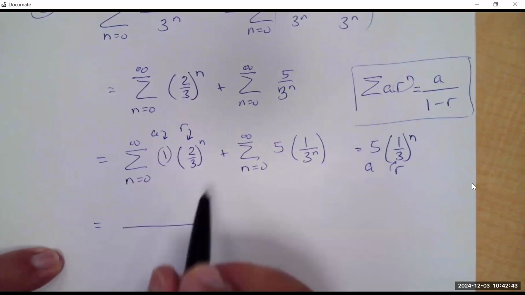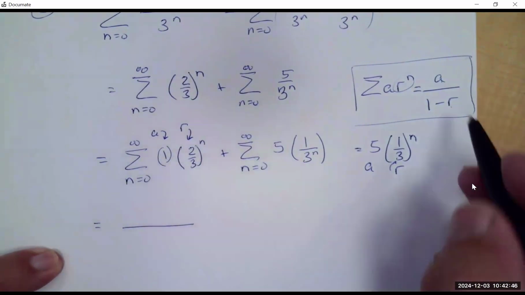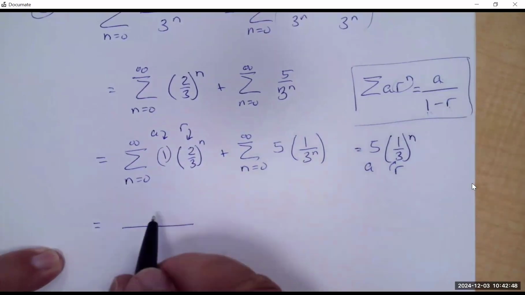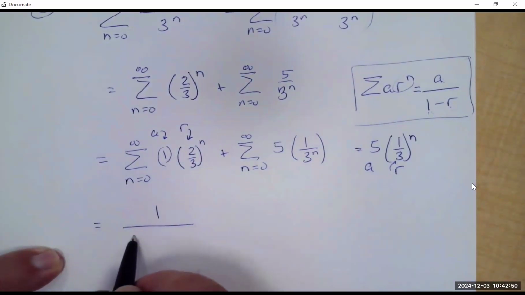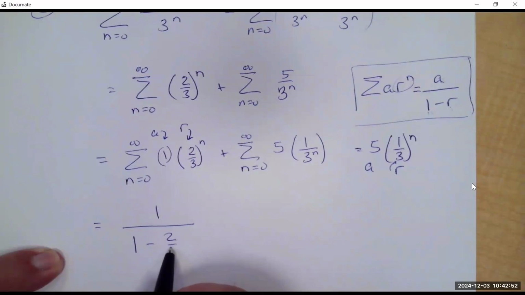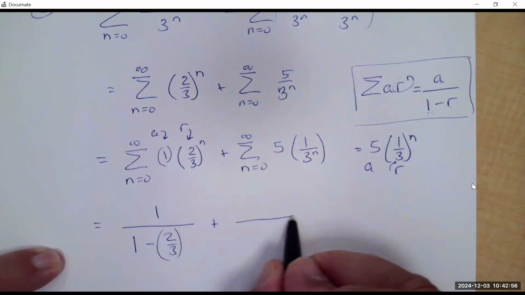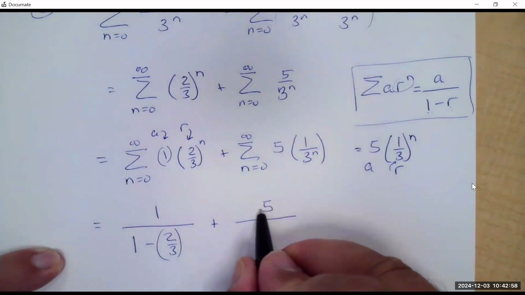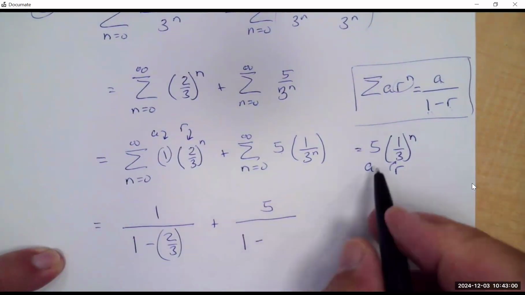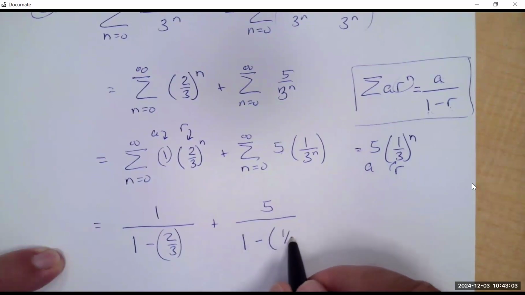So rewriting this one, remember, I'm using the A over 1 plus R. A is 1, 1 minus 2/3, plus A is 5, 1 minus 1/3.